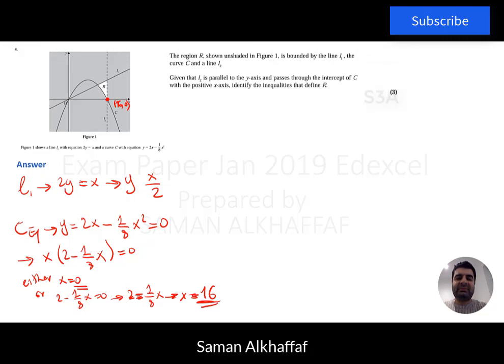So now we will work out what the range would look like. The first range that we would have is x being smaller than or equal to 1/16. So that's the first inequality that we will have. Because it's smaller than 1/16, we will also look at y where it's x over 2.